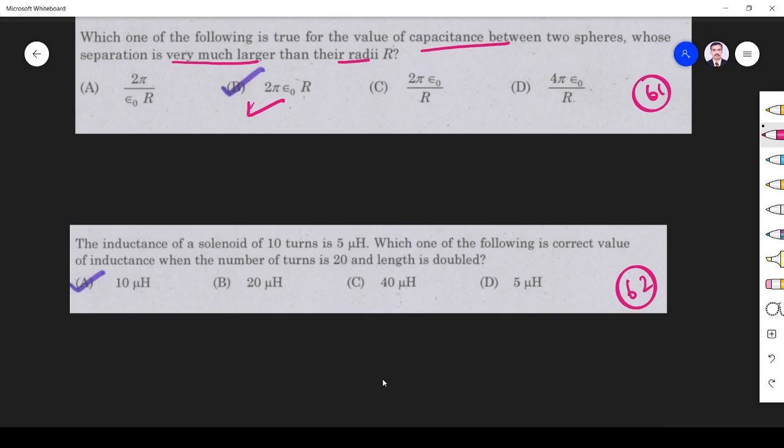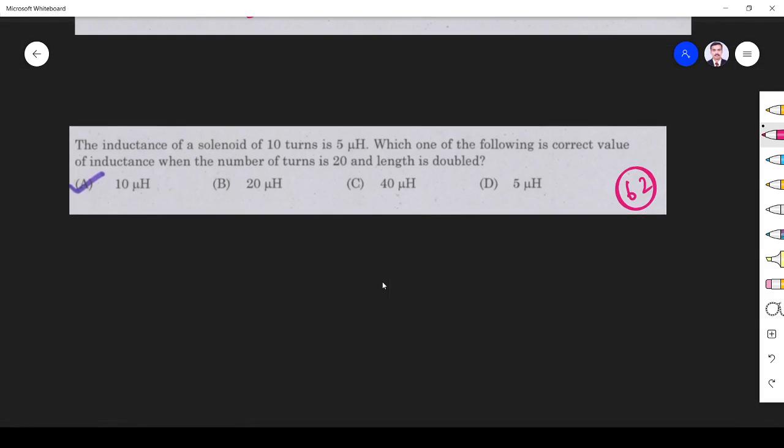Next one, 62. The inductance of a solenoid of 10 turns is 5 microhenry. What is the inductance when the number of turns is 20 and the length is doubled? First we must know what L is. L is equal to mu n squared A by L, where n is equal to 10.